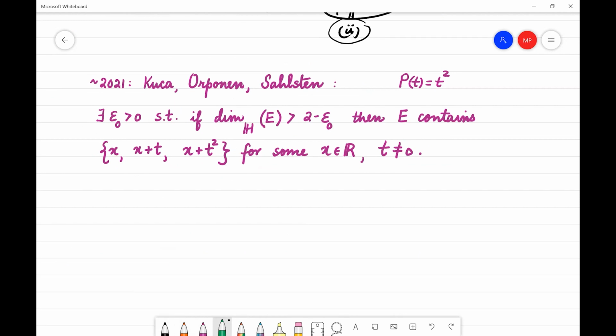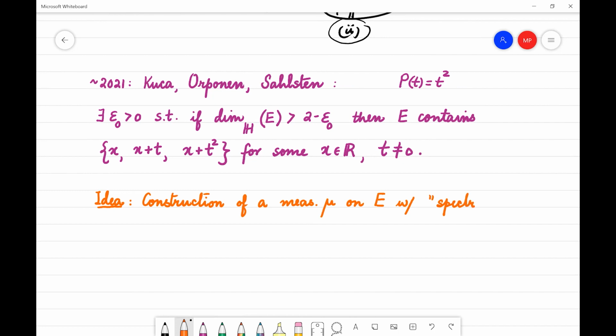So the main idea of the proof is the construction of a measure mu on E with what they call a spectral gap, and I will say in a moment what that is.